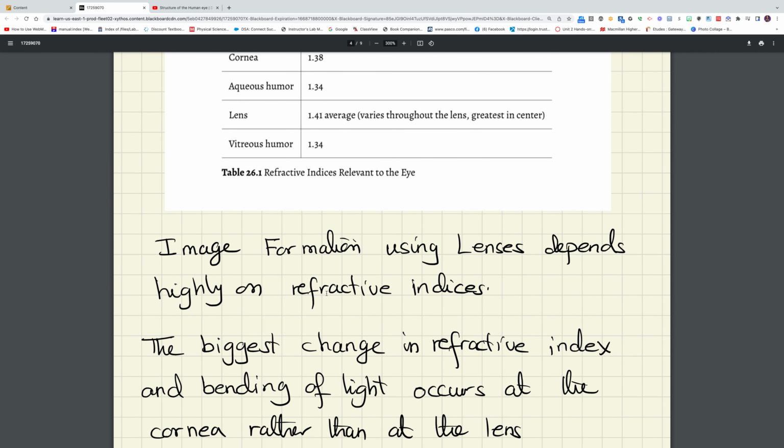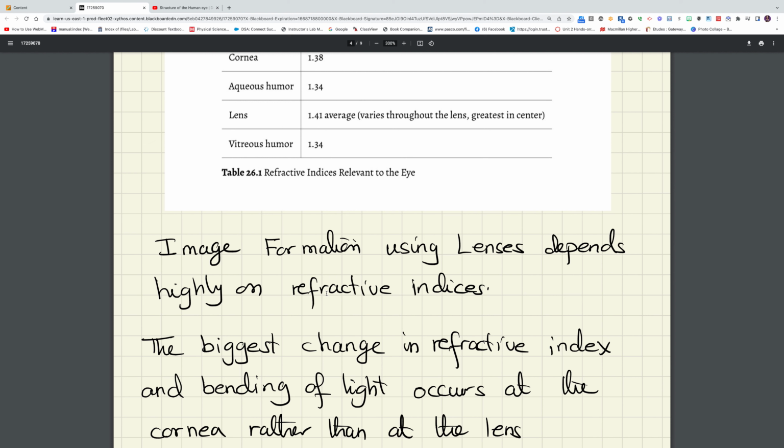Now, we did learn this when we were talking about lenses, that image formation using lenses depends on refractive indices, because this tells you how much the light is going to deflect or bend.